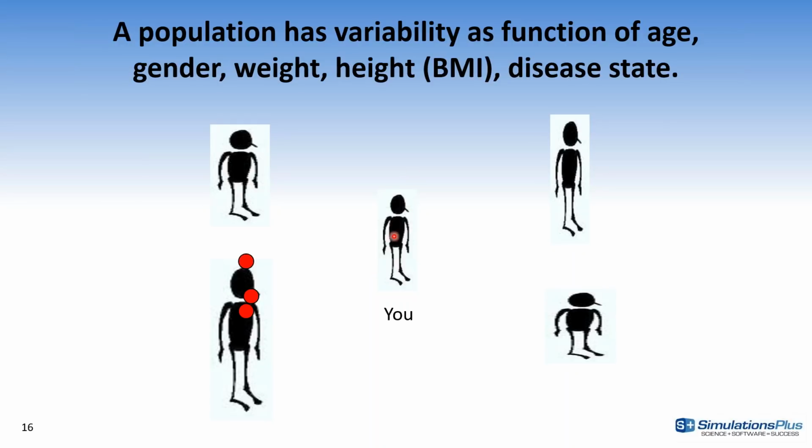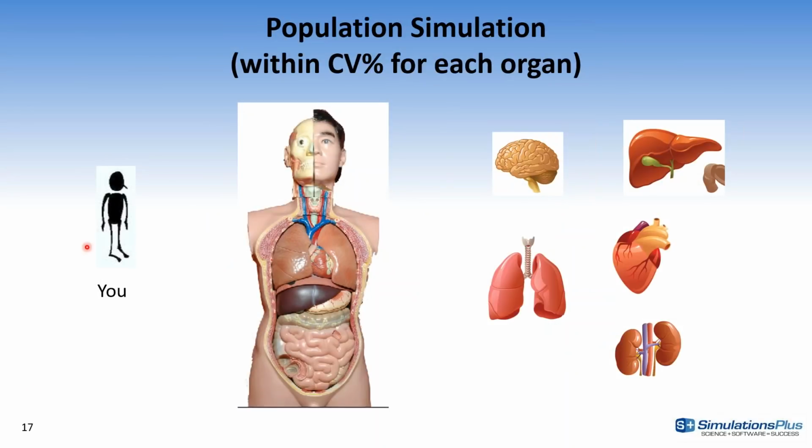So we basically are trying to create a population of subjects with different body heights, weights, with different conditions, tissue sizes, and so on the fly, generating each subject de novo by adjusting the physiologies, modifying the tissue sizing, and so on.